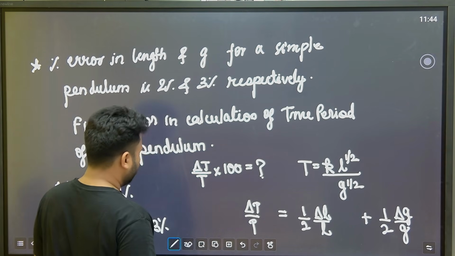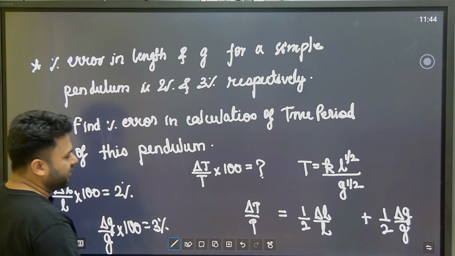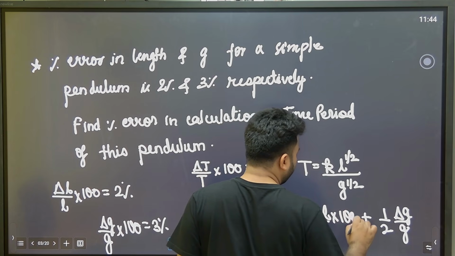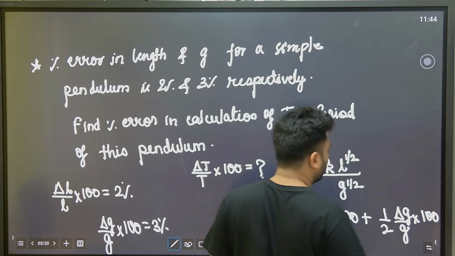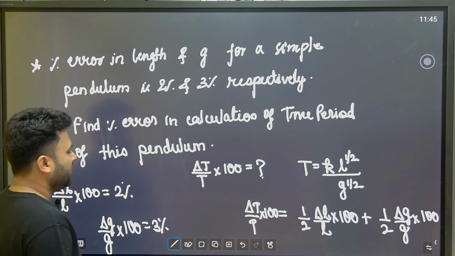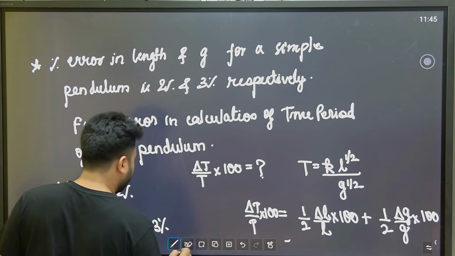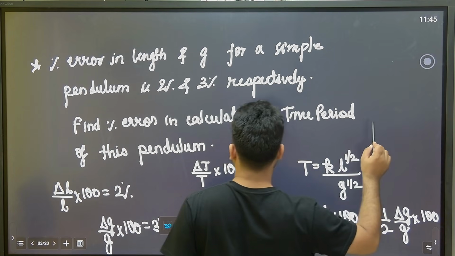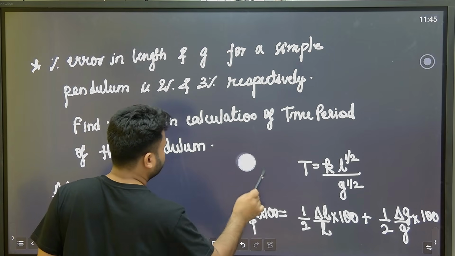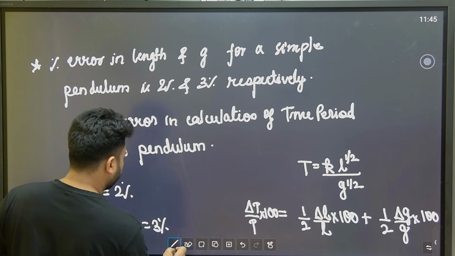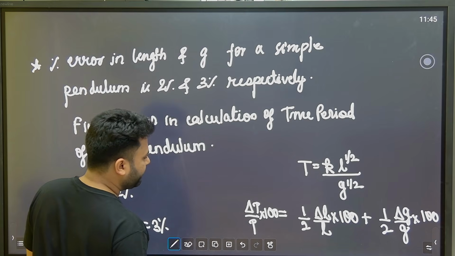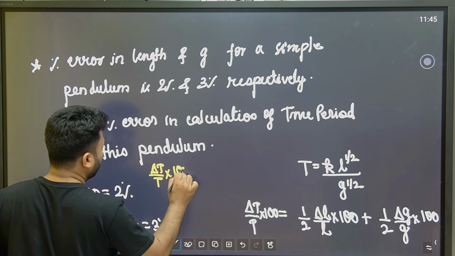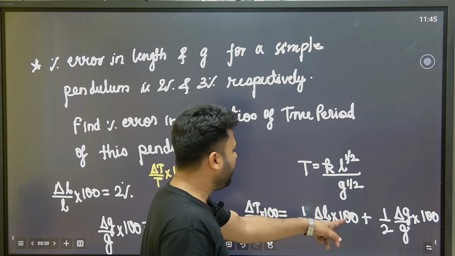They have given these things into 100, so here you also multiply into 100. Here you also multiply into 100. Here also you multiply into 100. Now I am writing delta T by T into 100 equals half delta L by L into 100.